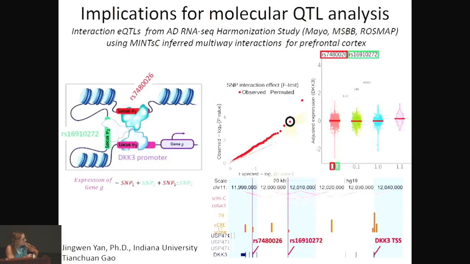If you have a minor allele from the other SNP, you don't see much change. But if you have both minor alleles, now you actually see a significant difference in expression. So this is the kind of thing that we want to be able to do, and capturing multi-way interactions, utilizing scHiC data, at least gives us a starting point to do that.